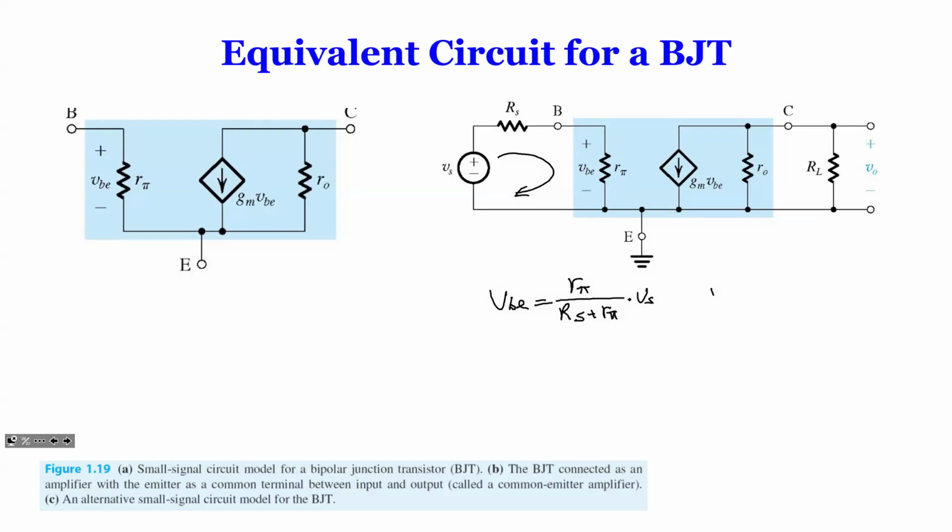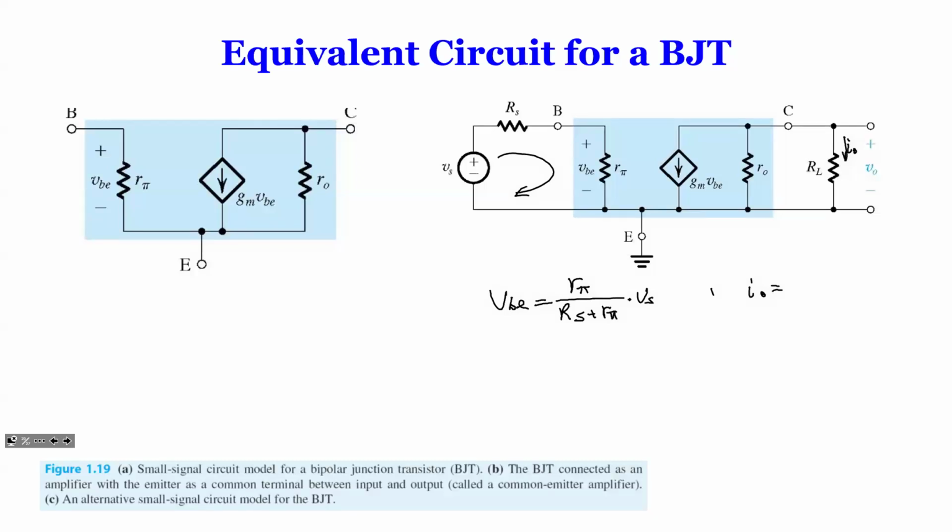Now we found VBE. If you're given GM, you will know the current. So the next step is let's find the current here. IO. How much is IO in relation to GM times VBE?